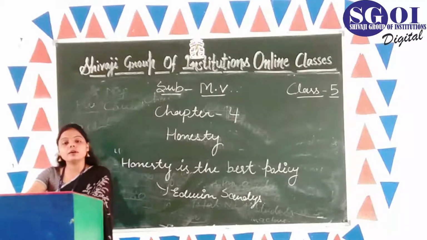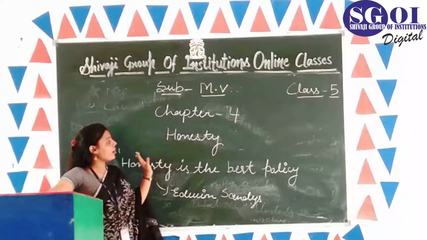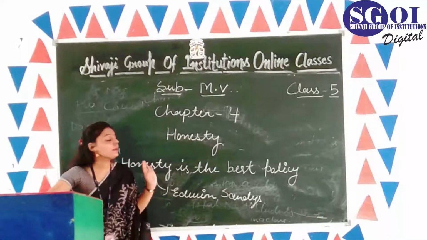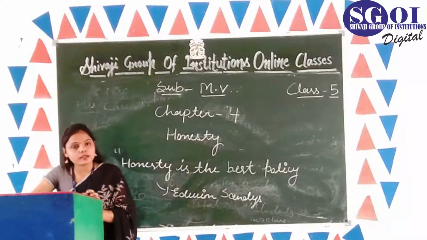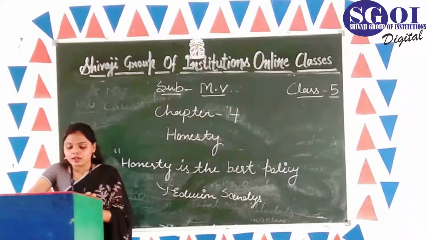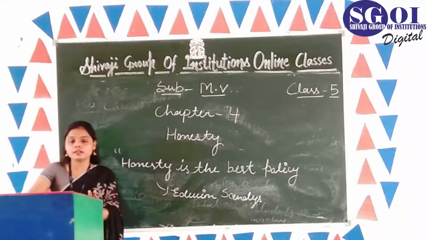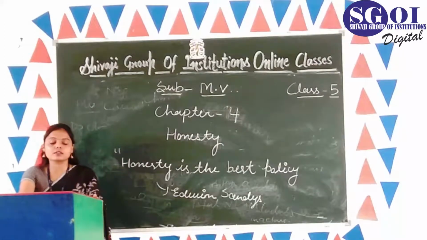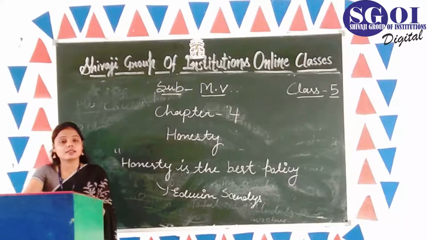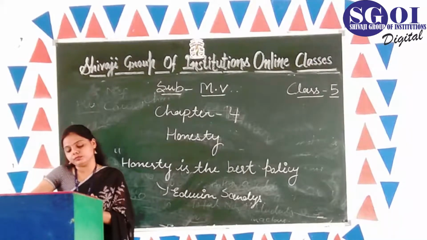So, open your page number 22 and some points are there in this chapter. First of all, point is here, explain to the children honesty is the best way to get success in life. Second point is there to make them understand that honesty makes others respect us, which brings self-confidence and self-satisfaction.